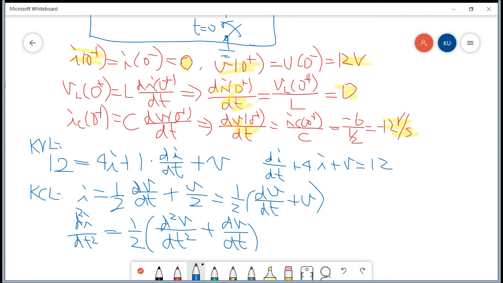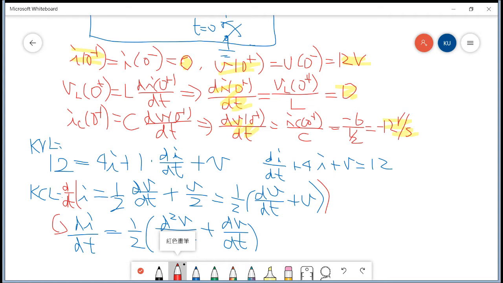So we just take the derivative. No second derivative, only first derivative. We only take the derivative of this equation, so that we'll get this one.